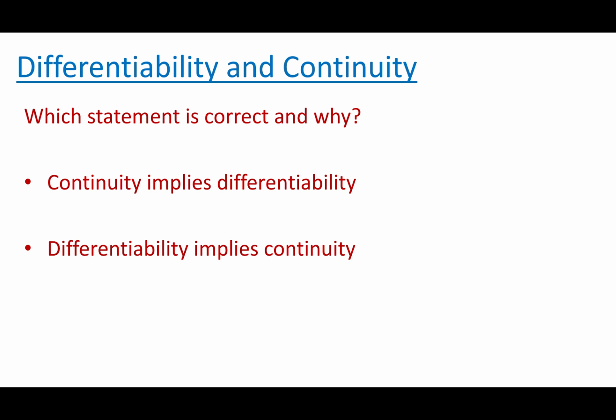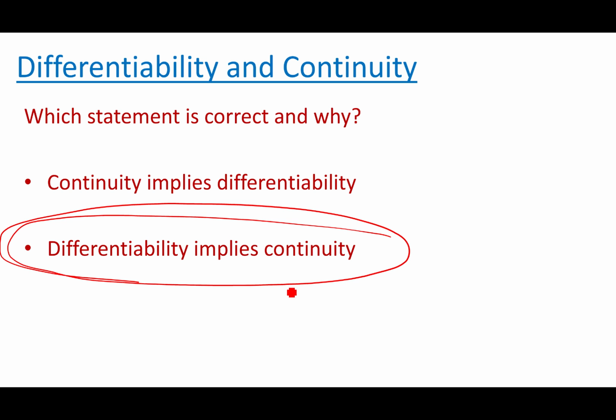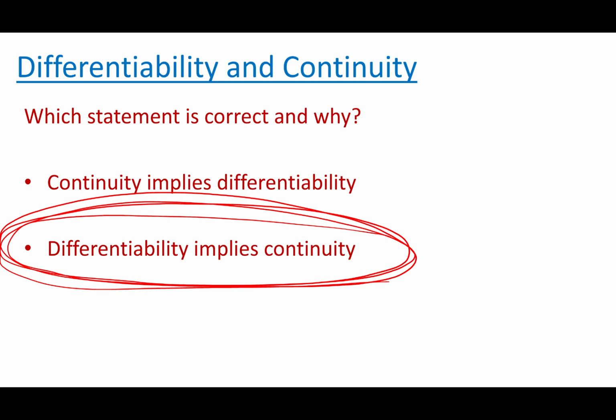So the big idea I want you to take away from this: does continuity imply differentiability, or does differentiability imply continuity? The bottom one. As simple as it sounds, do not forget this. If they tell me it's differentiable, I know automatically it's continuous everywhere.